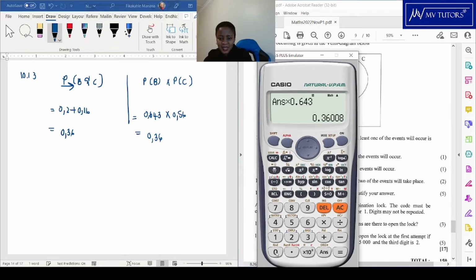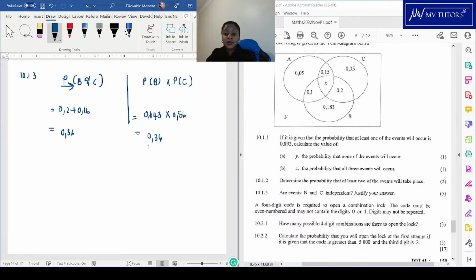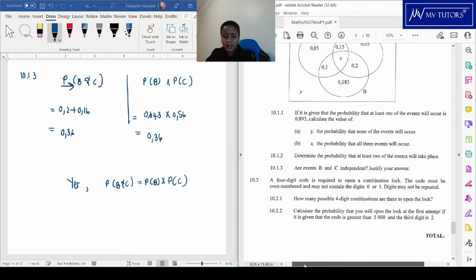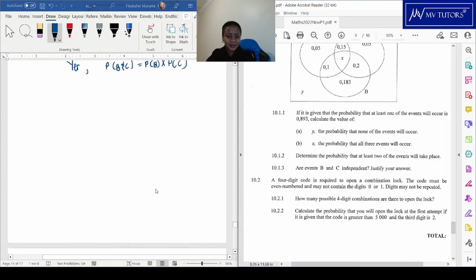But yeah, if we take 0.56 multiplied by 0.643, we get 0.36. So are events B and C independent? Yes, they are, because the probability of B and C is equal to the probability of B times the probability of C. And now we're going to the counting principle 10.2.